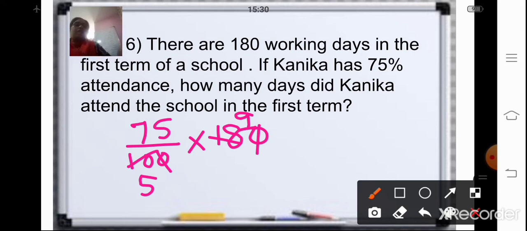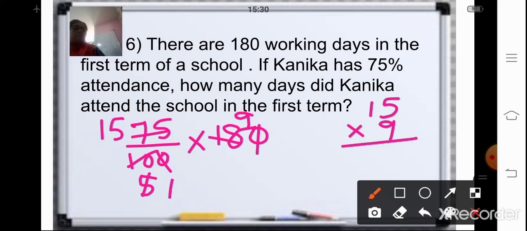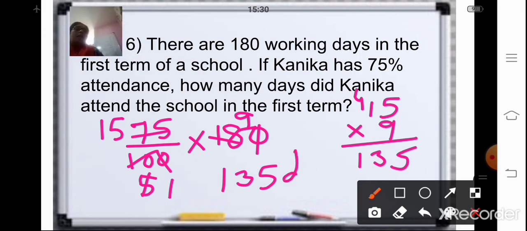Now 75 and 5 are divisible by 5. 5 fifteens are 75. Now when you multiply 15 by 9, that will be 135. So Kanika attended the school for 135 days. That is, 75% of 180 is 135 days.